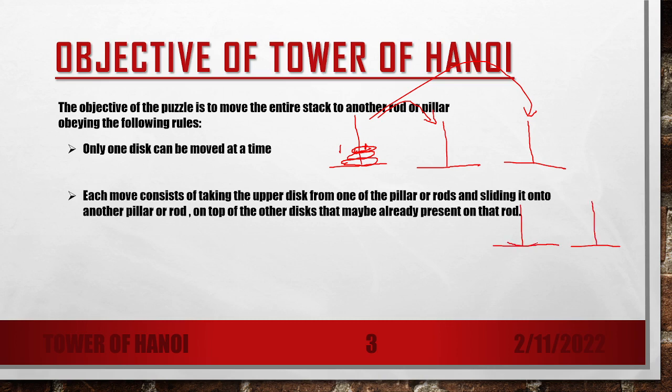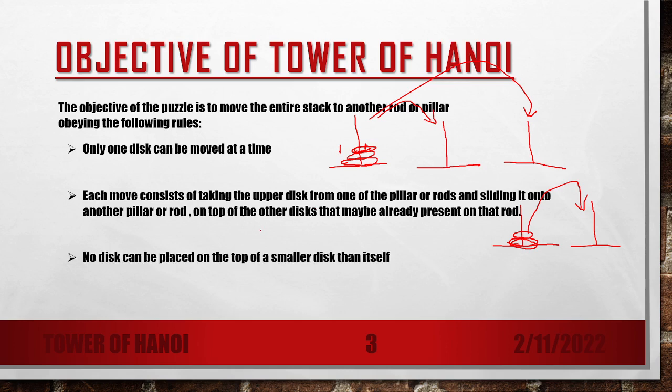Here there are two disks. So we can only move the upper disk from one pillar to another pillar. We cannot move the bottom disks, that means we can only move the topmost disk of the pillar. This is our second rule.